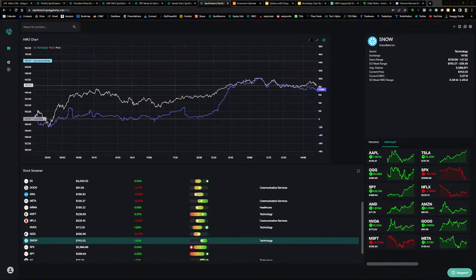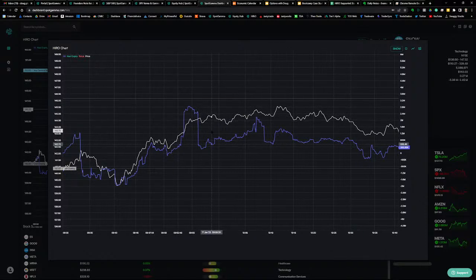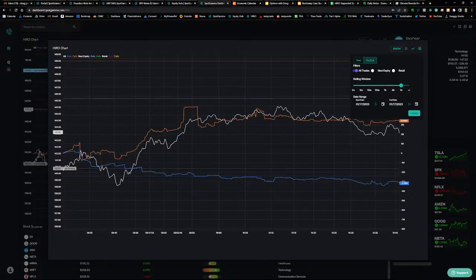I'm going to zoom in. Let's go to the morning session, and that provides a little bit more clarity. So here's the reversal higher around 940, 945 as traders were buying calls.